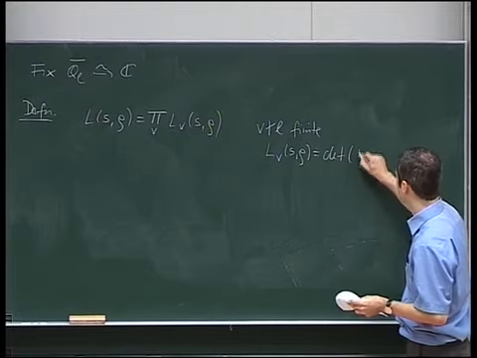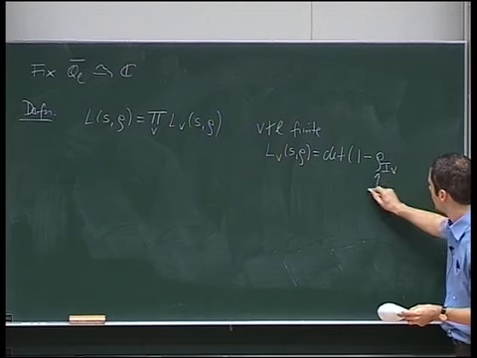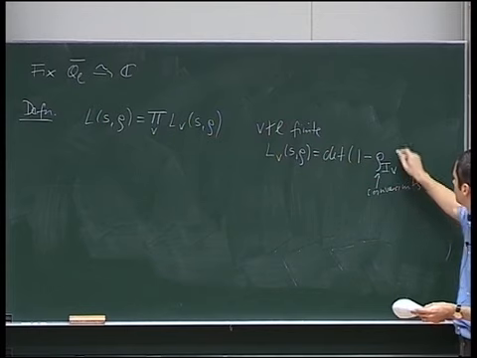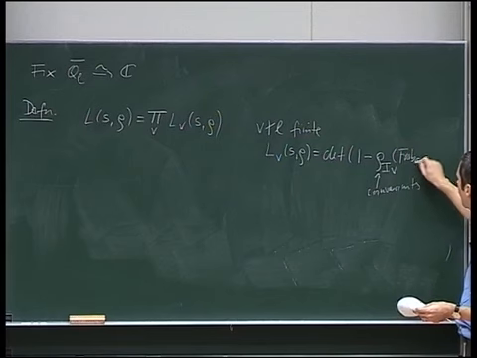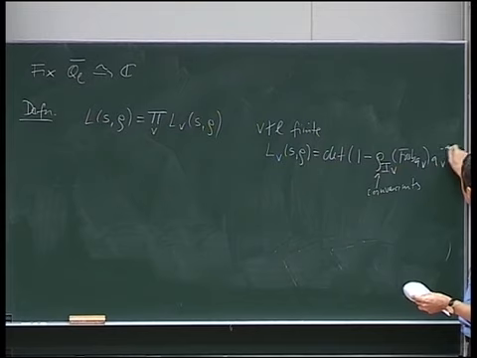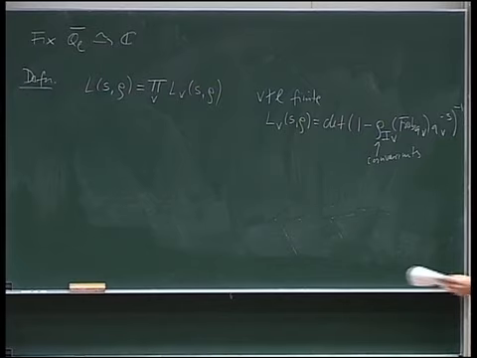So determinant of 1 minus, I'll write rho sub I_v for the coinvariants. So a characteristic polynomial, the reciprocal of that.